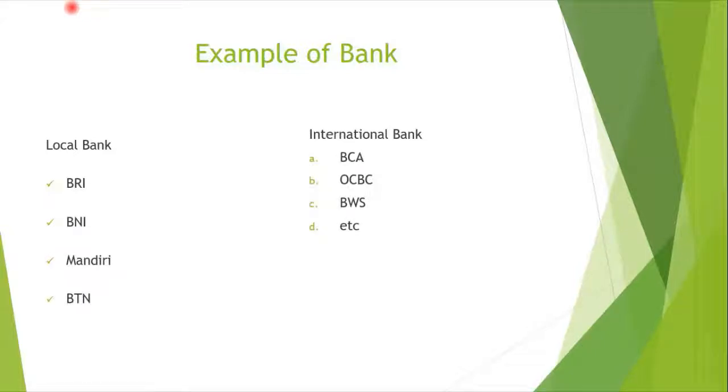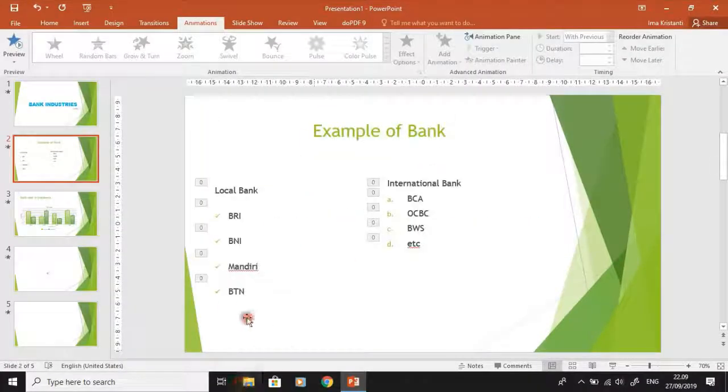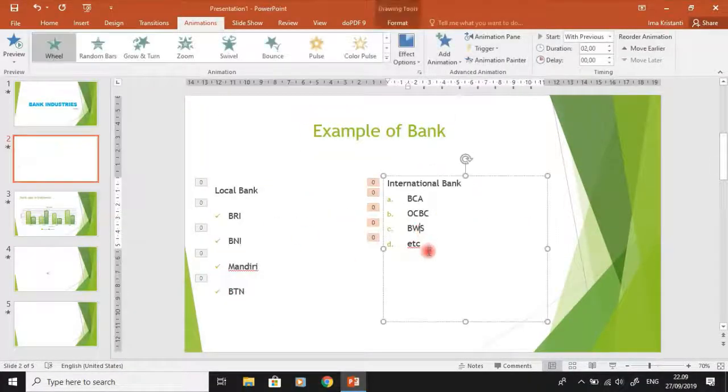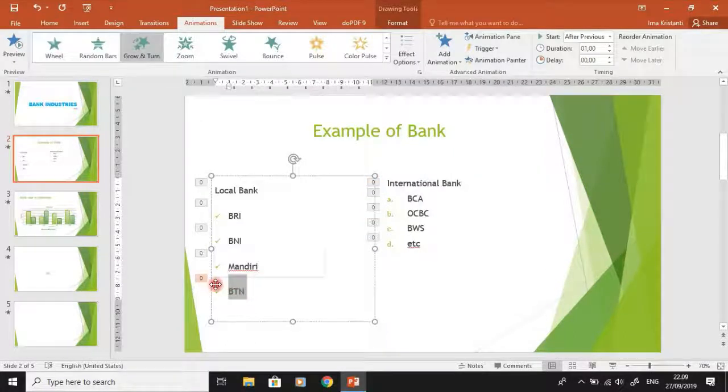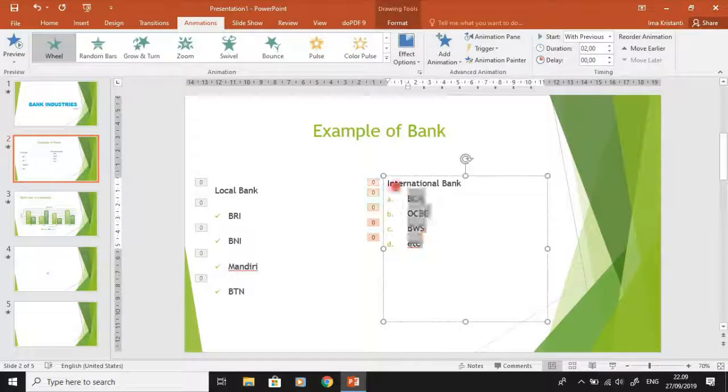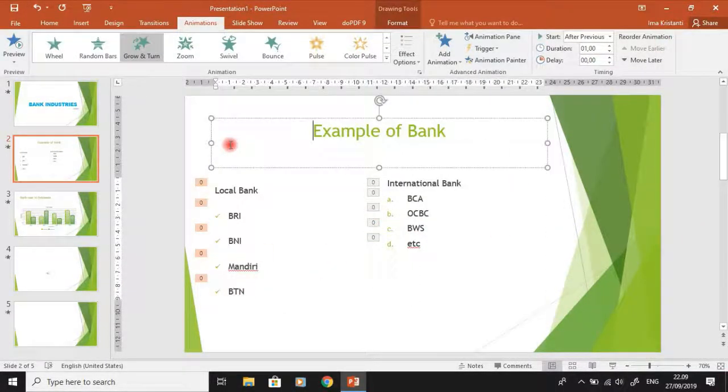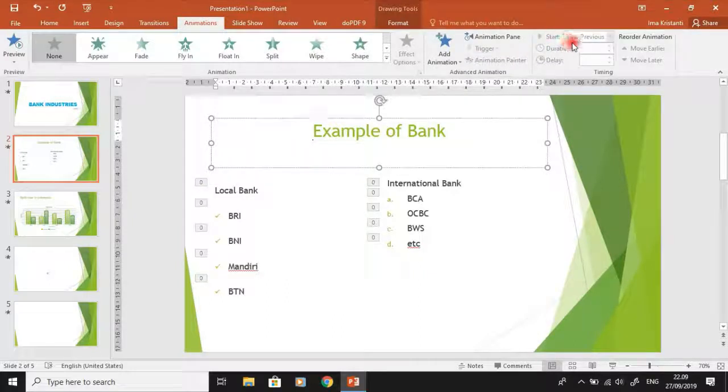Yes, you can see when this is appearing, International Bank, and the example appears. Why? At the same time, because we block this and then check choose with previous. So when PowerPoint is showing this example, it will appear at the same time. So International Bank and BTN at the same time. That's the function of the start here on the animation menu.